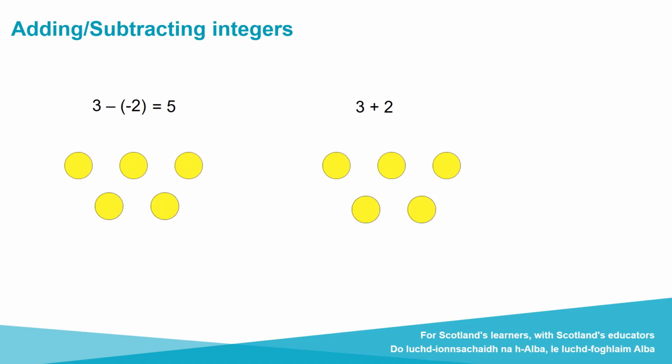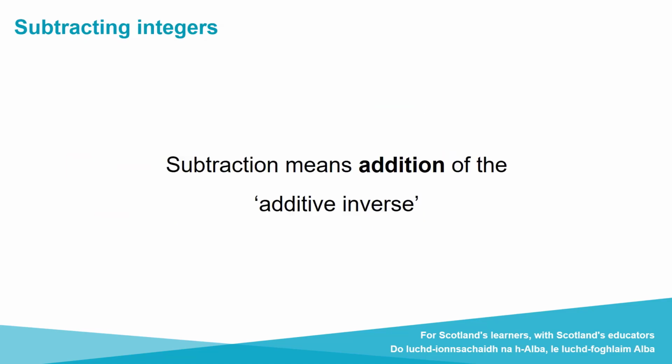So we're going to add 2. So we've got equivalent calculations here. Any subtraction can be rewritten as an addition of the additive inverse. And it's useful for learners to be able to rewrite these subtractions and think about it in this way.